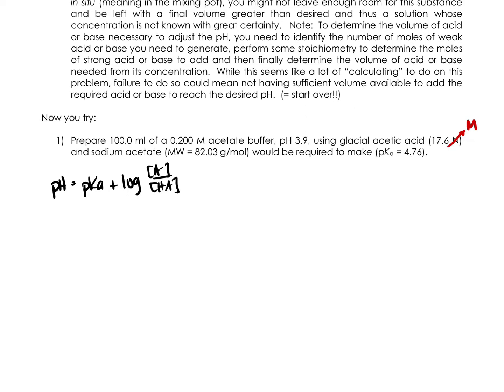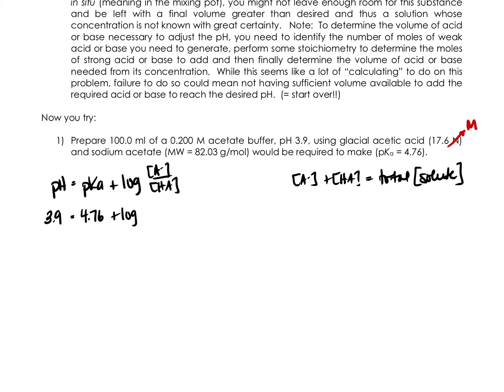Again, our second equation is the fact that A minus plus HA is going to equal the total solute concentration. So putting in specifically what these values are, we want a pH of 3.9. The pKa for acetic acid we're going to use as 4.76.